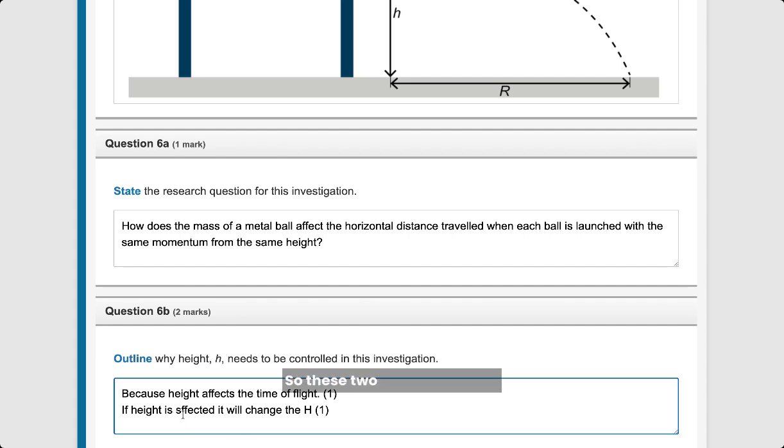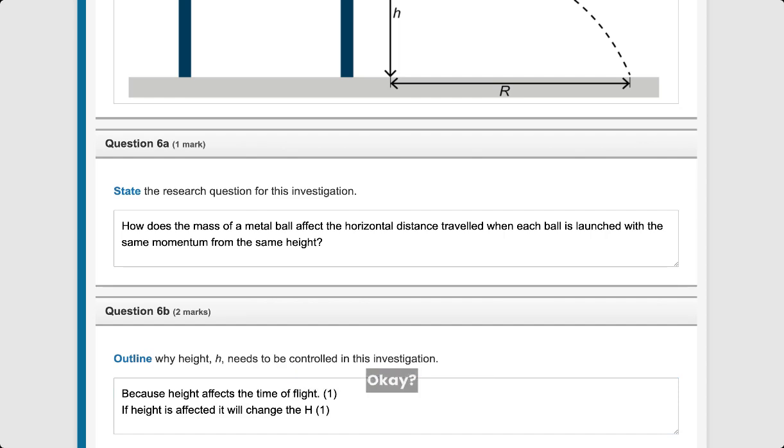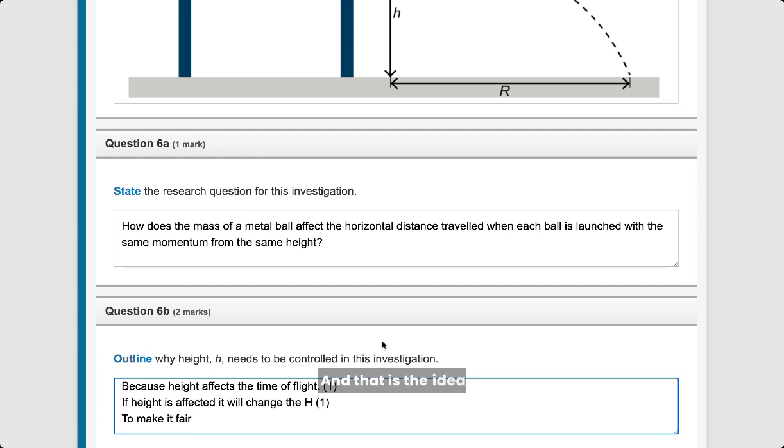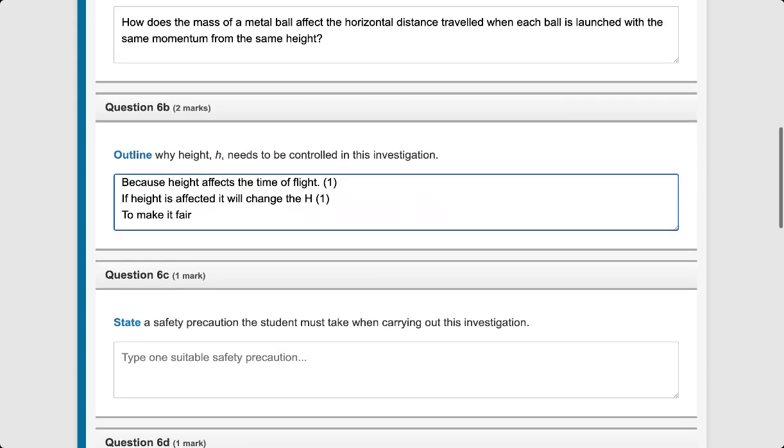So these two things you need to include in your answer. If this happens, it won't be a fair result. The idea is to make it a fair result. So I have to keep my height controlled because height changes the time of flight, and time of flight will change the r value, and that is the idea behind this answer.